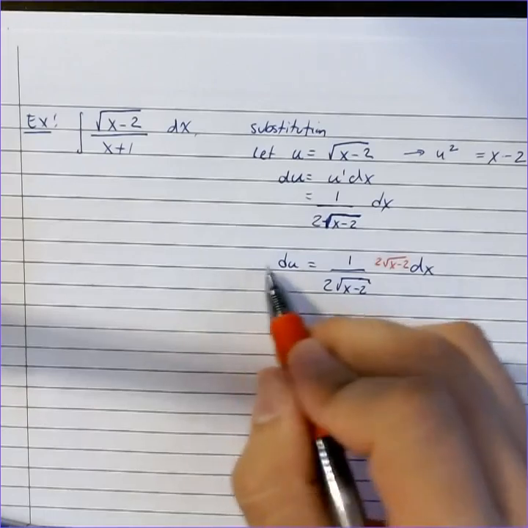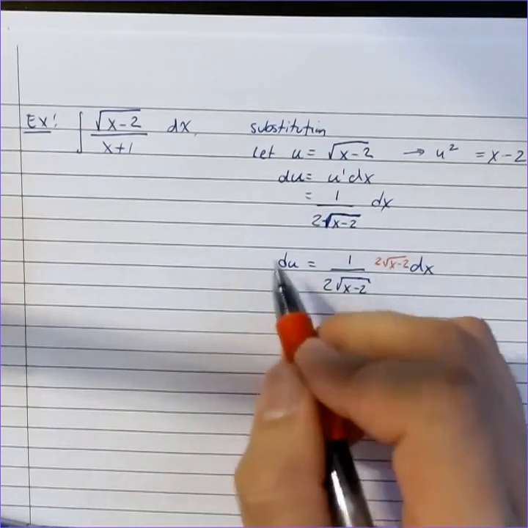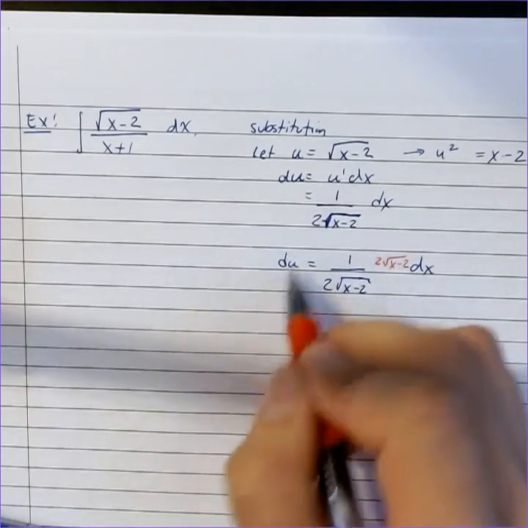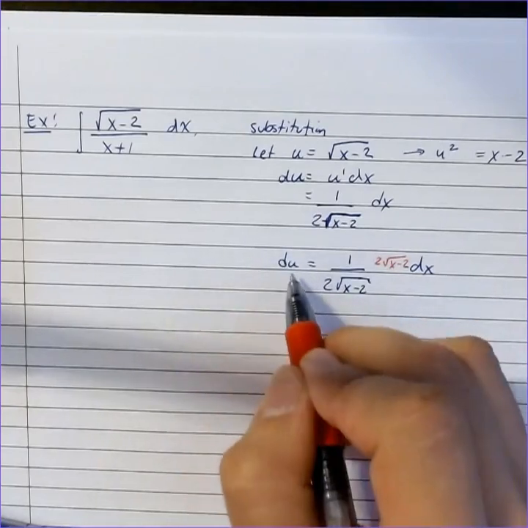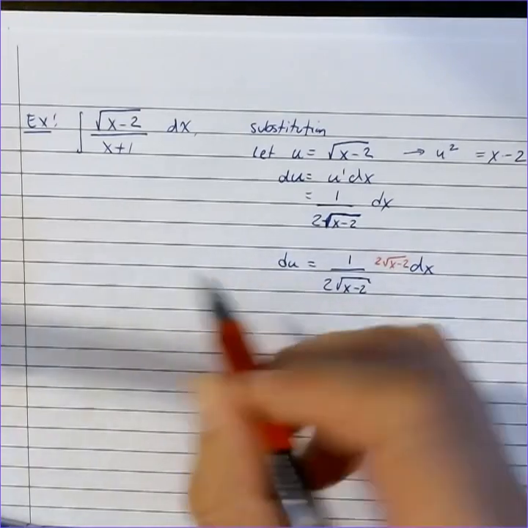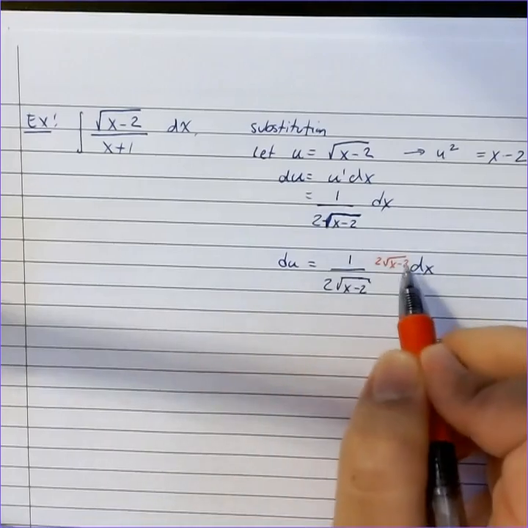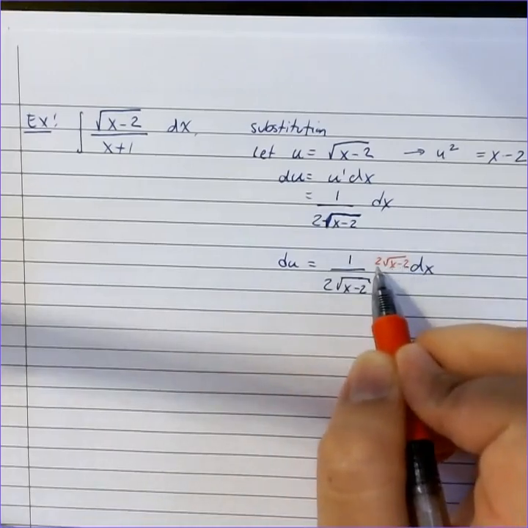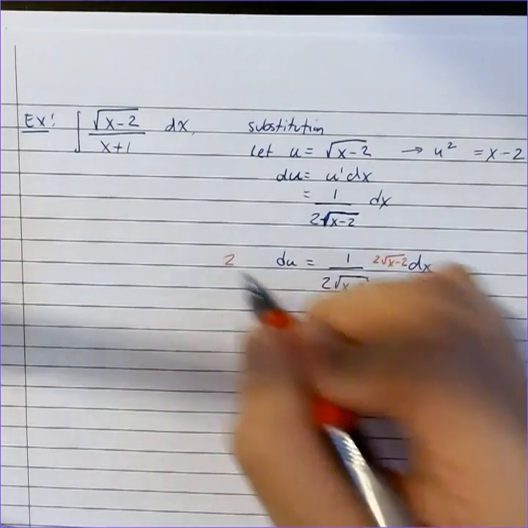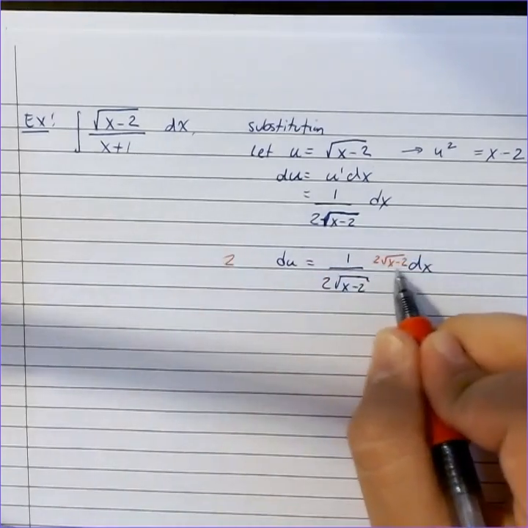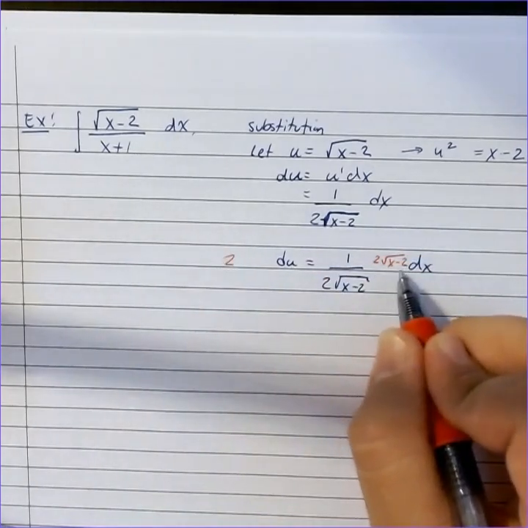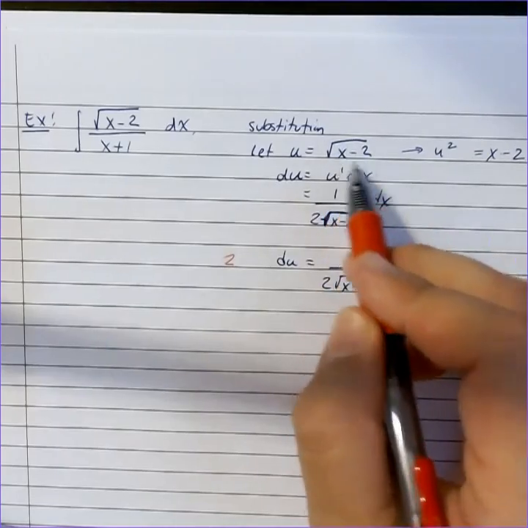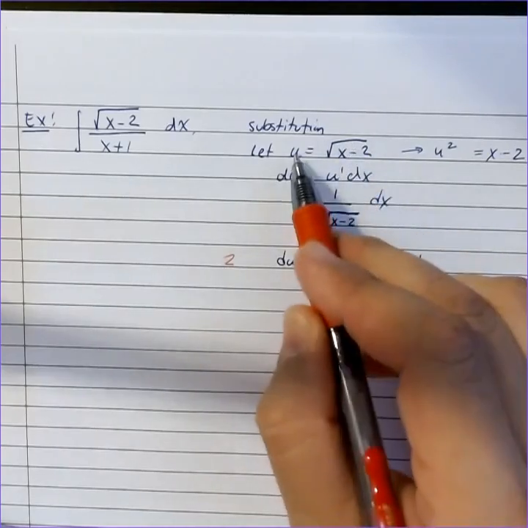Now over here, I shouldn't multiply by anything that involves an x, right? This expression involves the substitution, u. I don't want to have x anymore. Well, yeah, but look, 2 doesn't involve x at all. It's a constant. So I can use 2 on both sides. Oh, but I can't use square root of x minus 2. Well, that's true. But the square root of x minus 2 is u.